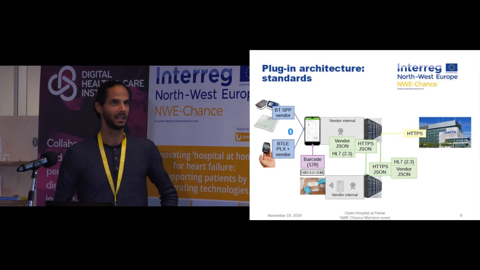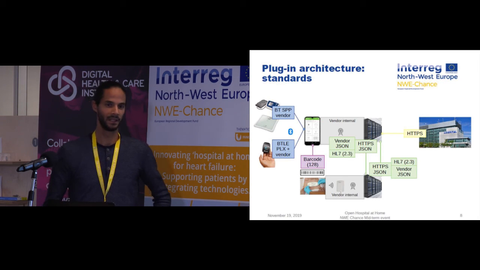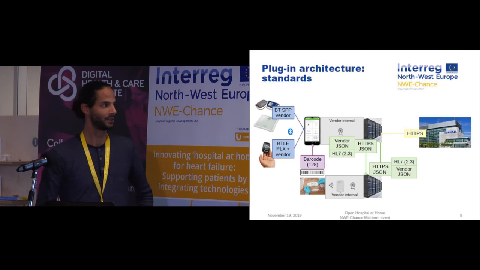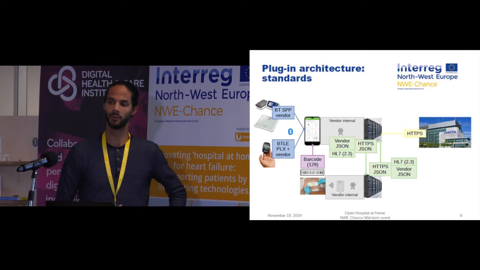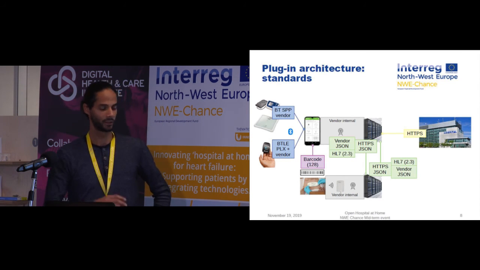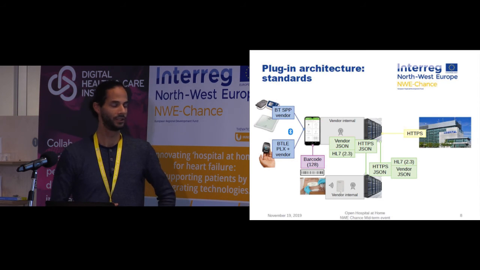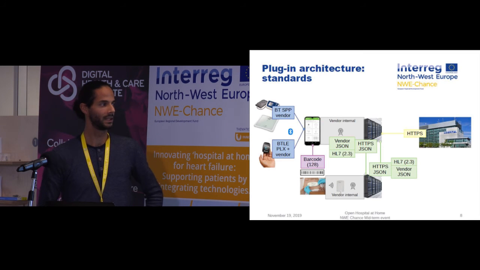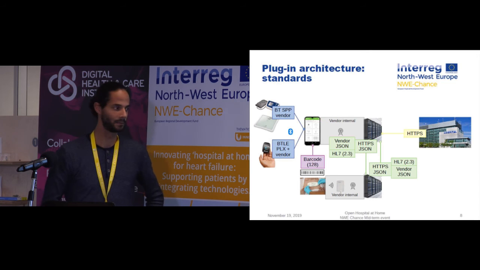And even with HL7, it does not provide everything that you need to talk to each other. For example, security is completely out of scope there. So we have a small wrapper around it in a popular JSON format, very popular among developers, so it becomes easy to integrate.